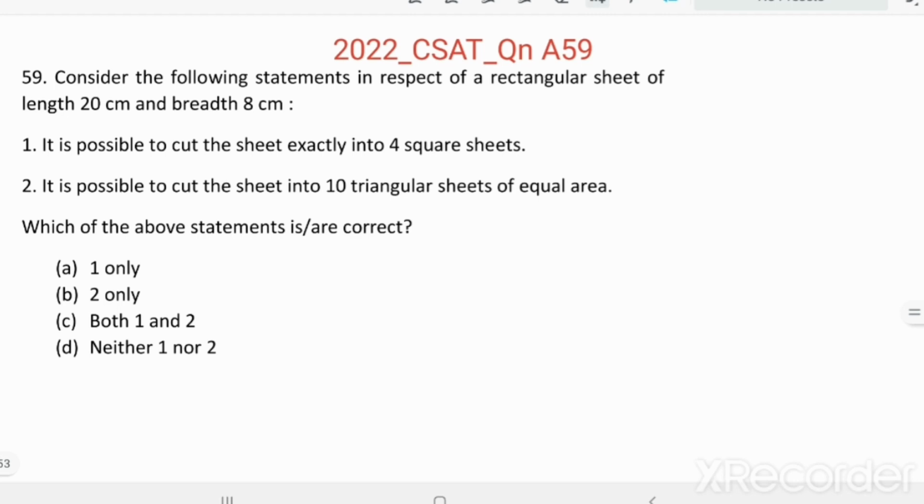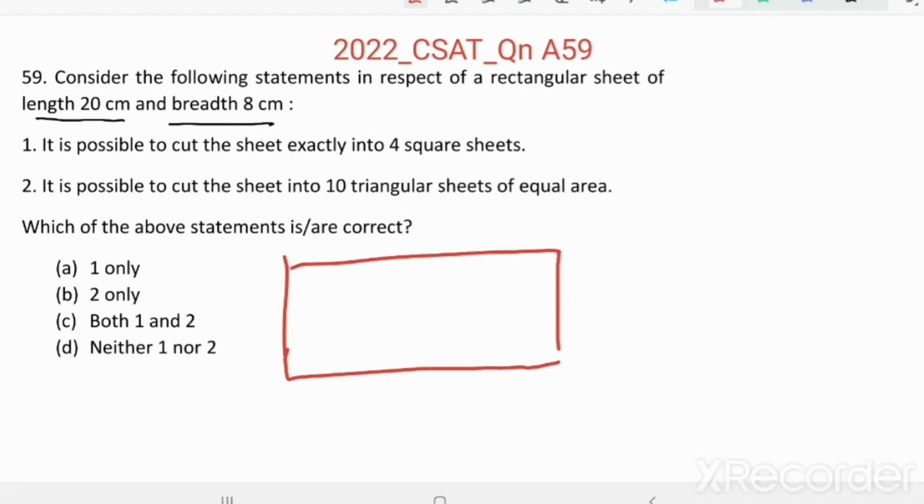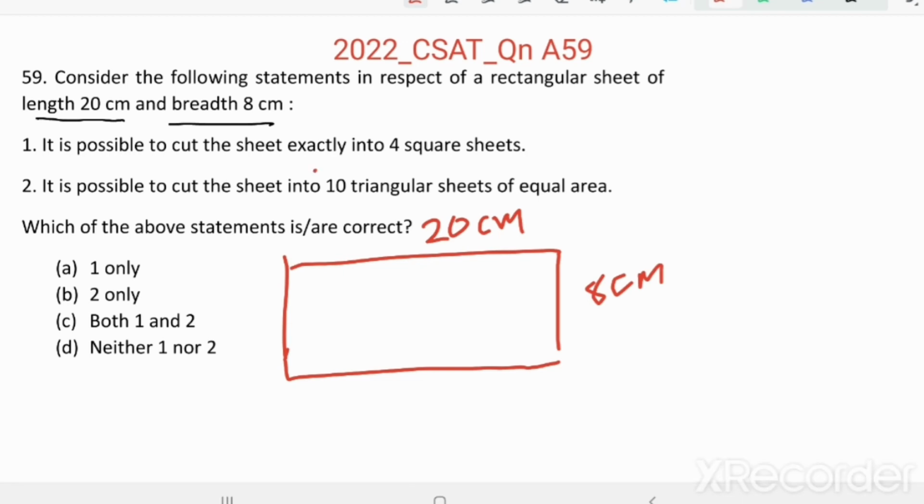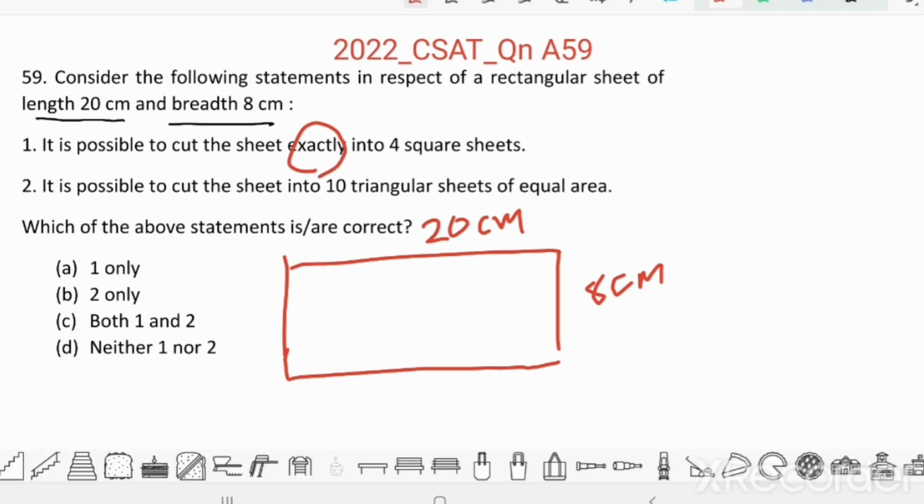Here we have a rectangular sheet of length 20 cm and breadth 8 cm. Regarding the first statement, exactly means we have to use this sheet completely and make 4 square sheets.